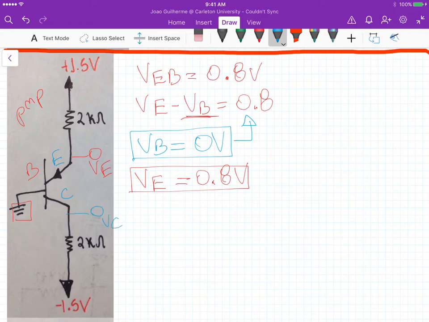So we know this VE, we can calculate this current here, IE, right?